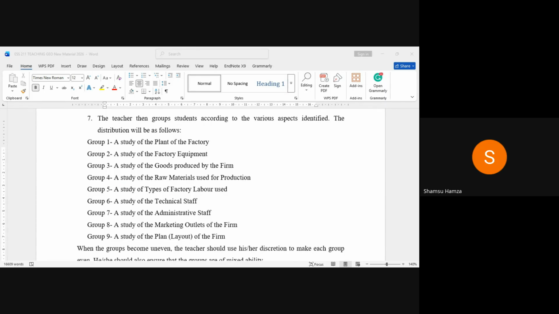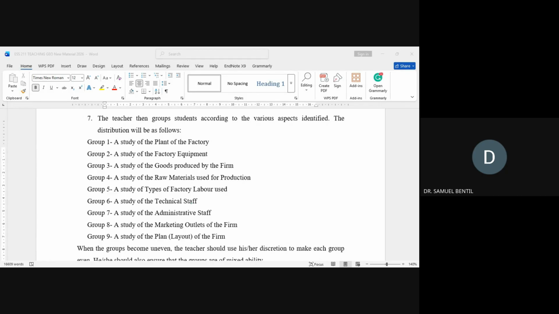Okay. So at least the topic web gives you an idea to be able to identify various angles or segments within the firm or the area you are going to for the field work or trip. So that's why, as part of the class discussion, all these things are done. That's why you need to do a thorough search about the firm. Go to their website and know all these things.